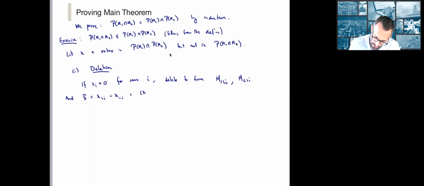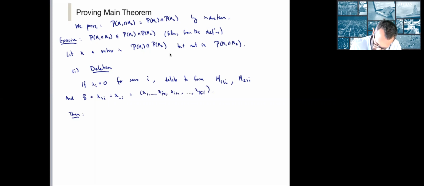What I really mean is all the x's, x_{i-1}, x_{i+1}, up to x_e. I've just omitted that element. So, what do we know?